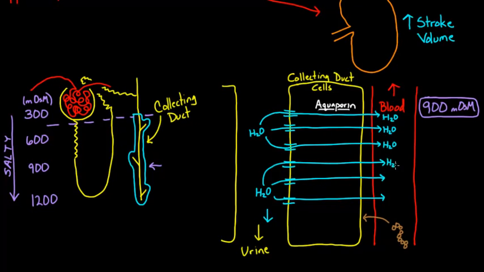And so this blood is going to go up, loaded with water, because of the ADH. The ADH allowed all that water to finally get across, and the blood is now full of water. And so now you can see how the volume of blood is going to go up. And if the volume of blood goes up, it's going to create a larger stroke volume for the heart. So that's specifically how the stroke volume goes up.